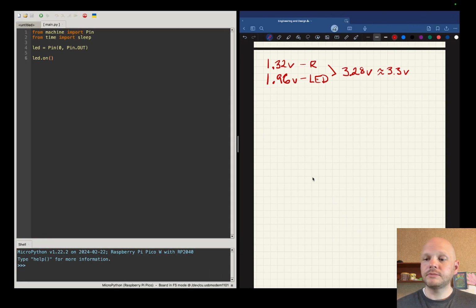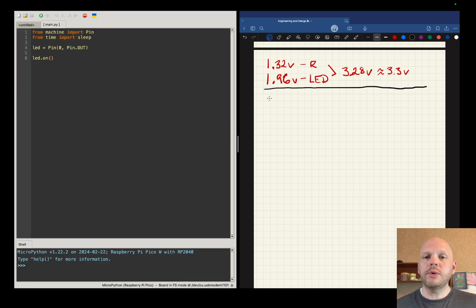Okay, so we are going to talk about how we can dim the LED on our circuit board.